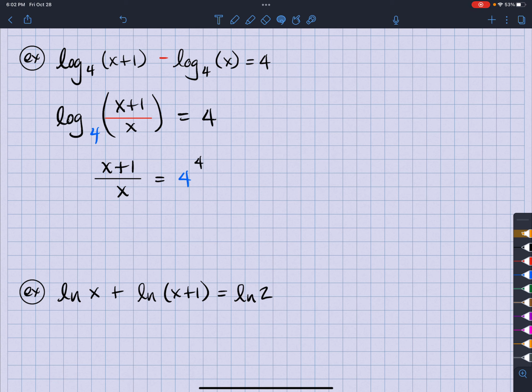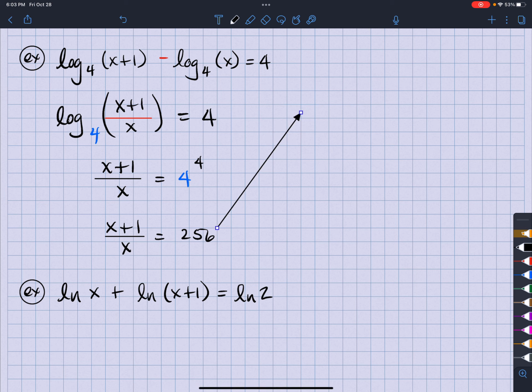So what I have here is x plus 1 over x is equal to, what is that, 4 to the 4th. Let's see here: 2, 3, 4. 256, sorry. 256.